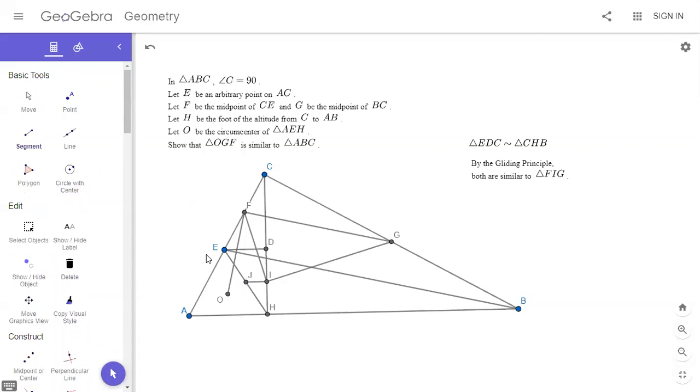So we know JI is parallel to D. Yeah, I want to show that OI and G are collinear.